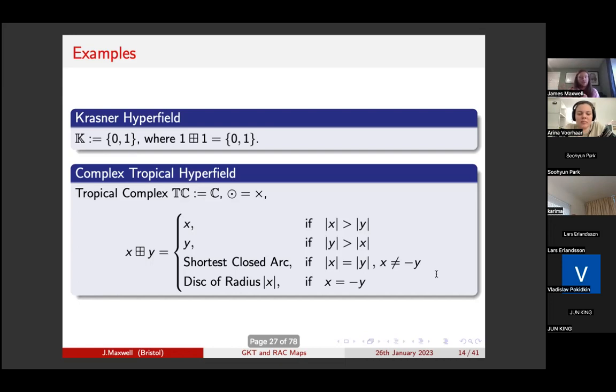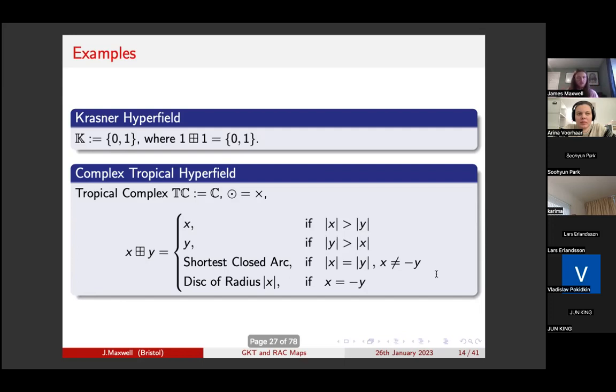If x is further away from the origin, has a bigger absolute value, then you take that. If y, you take this. If they have the same absolute value, but they're not additive inverses of each other in the classical setting, you take the shortest closed arc between them on that radius. And then if they are actually antipodal, opposite points, additive inverses in the normal complex setting, then you get the closed disk of that radius.